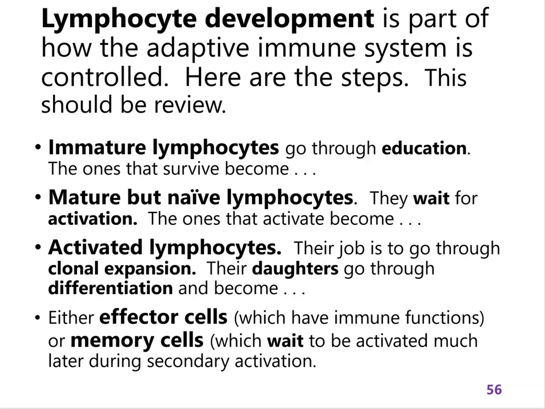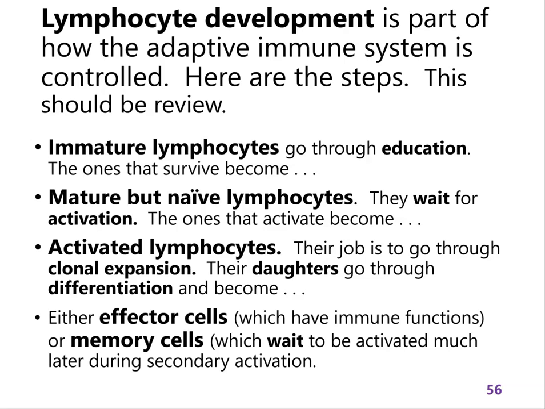Some of them are mature but naive lymphocytes and others are memory cells. Indeed, there are places where there are a lot of memory cells. But the difference is these are the ones waiting for a new infection we've never seen before, and these are the ones waiting to be reinfected by something we've seen before. So that's lymphocyte development.